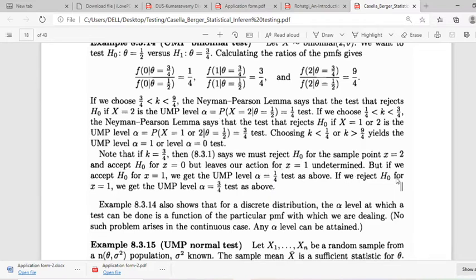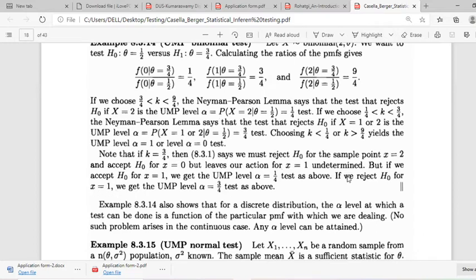Now if we reject h0 for x equal to 1, so we have one more element in the rejection region, that is 1. If we accept h0 when x equal to 1, then the rejection region contains only x equal to 2. If we reject h0 for x equal to 1, then one more element comes in the rejection region, that is not only 2 but also x equal to 1.